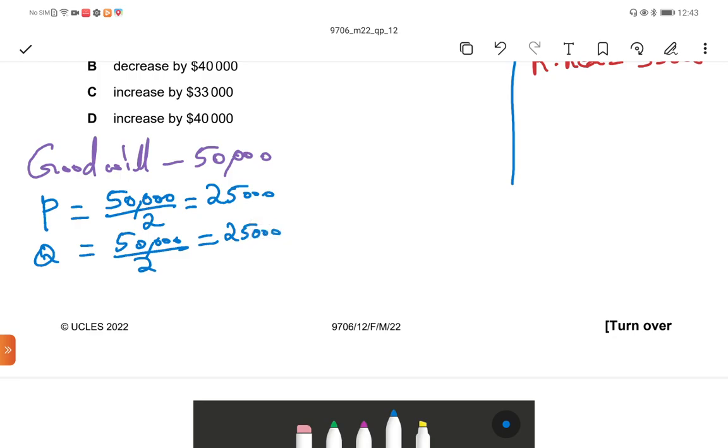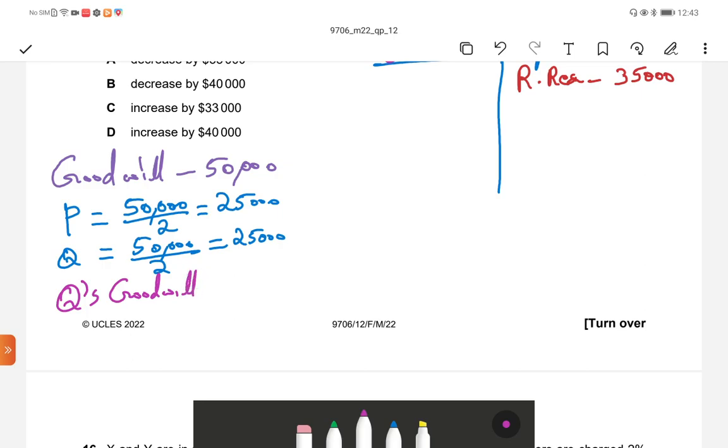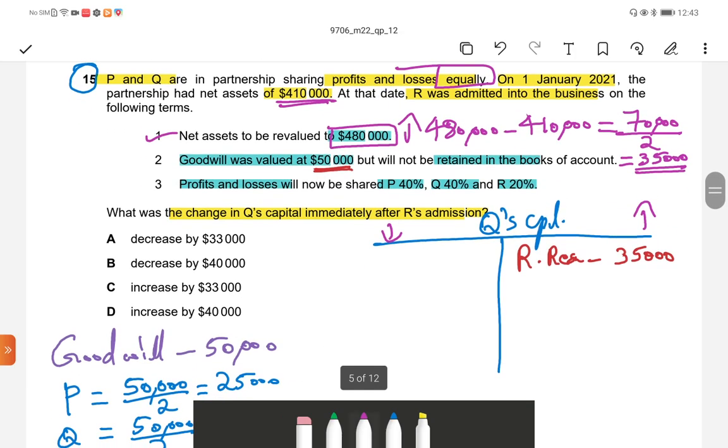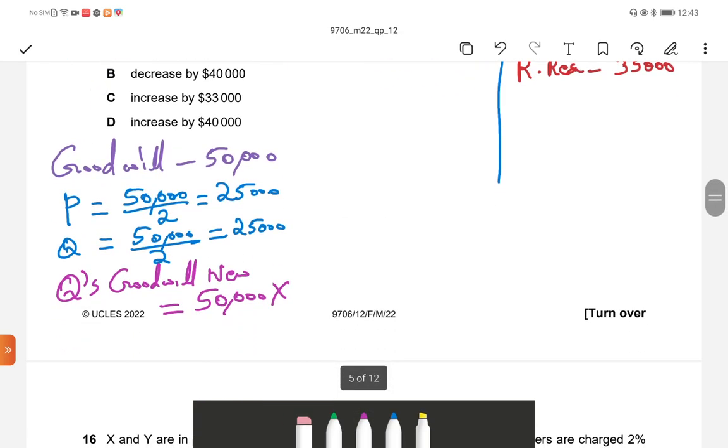But now we are checking only with Q. What is Q's goodwill with the new ratio? Q's new goodwill is equal to 50,000 multiplied by Q's new ratio, 40%, which is 20,000.